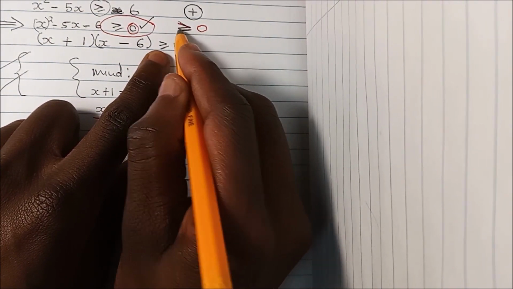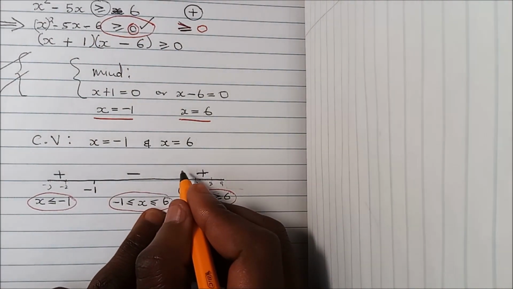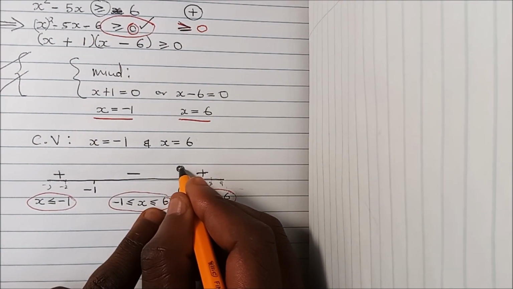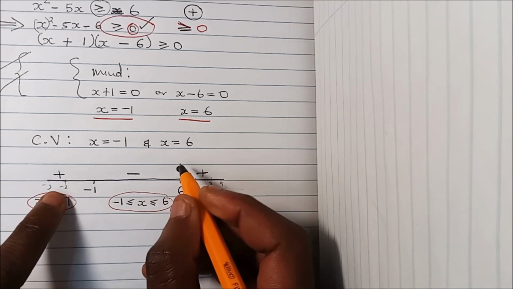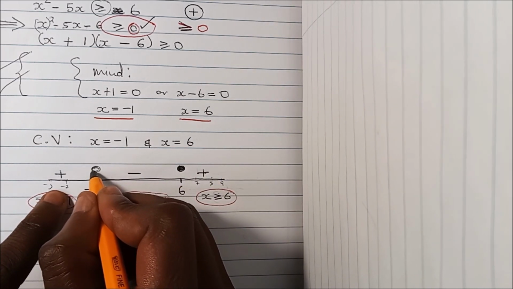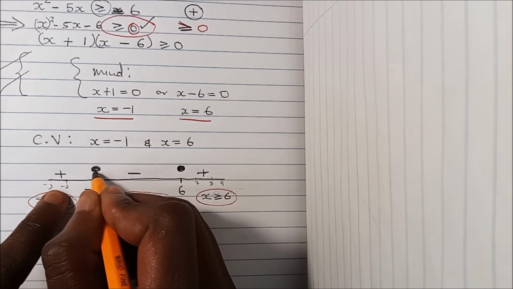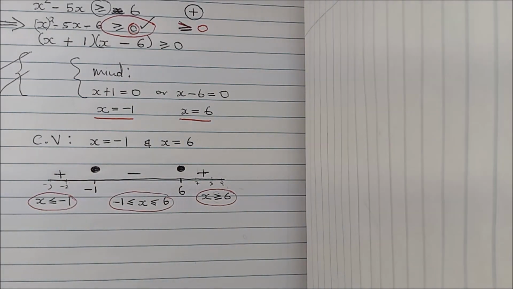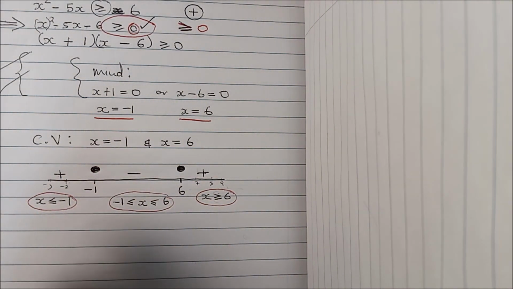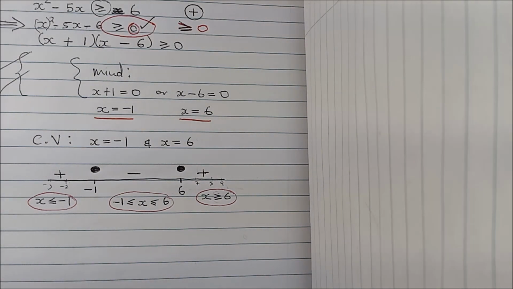So now, what did we say about the inequality with equal sign? We said we can put a dot and we shade it. So now, what's going to be the direction of our solution?